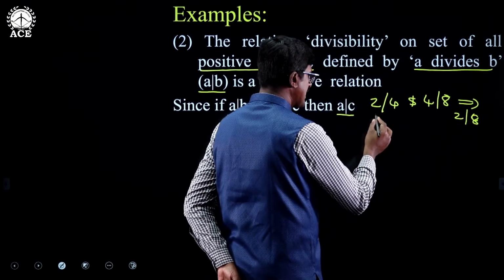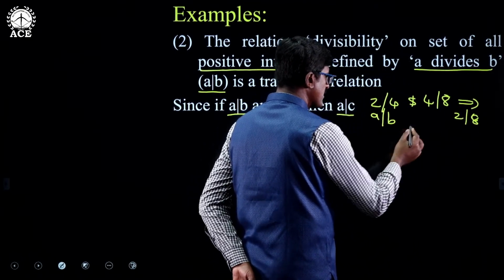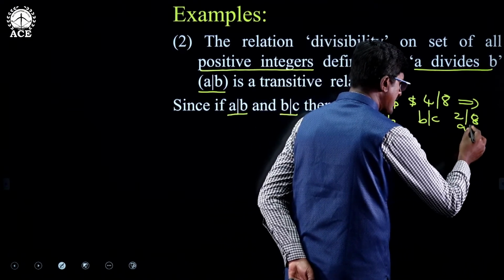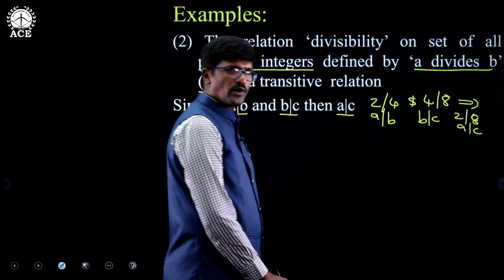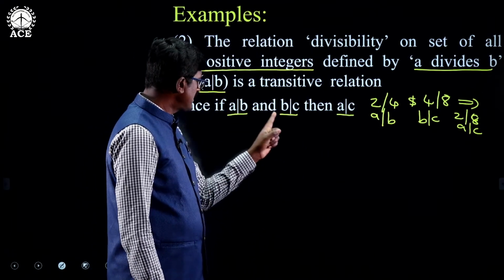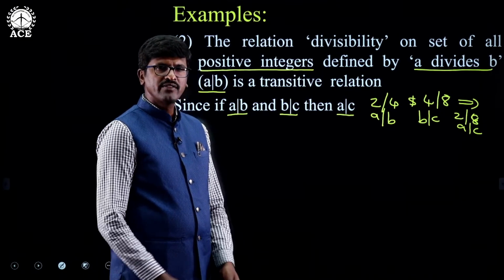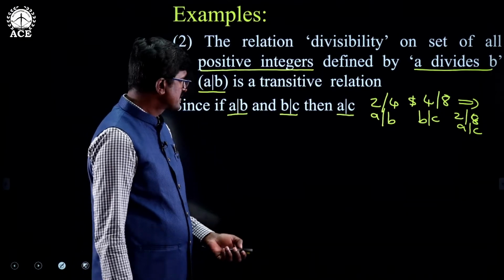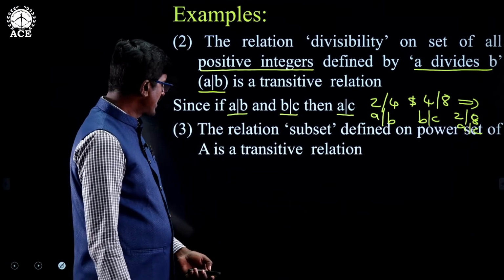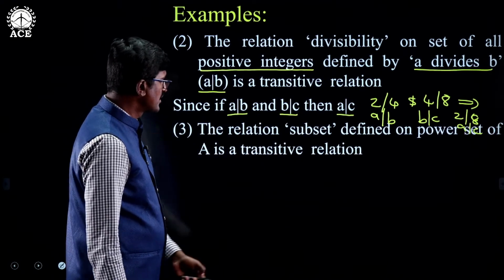So this is A divides B, this is B divides C, and this is A divides C. For any three positive integers A, B, C, if A divides B and B divides C, then A must divide C. The divisibility relation is a transitive relation.